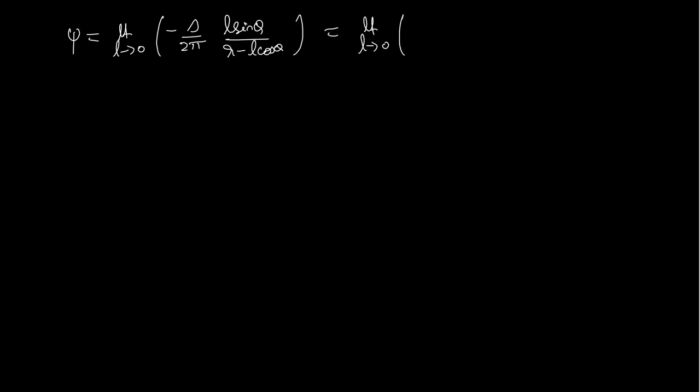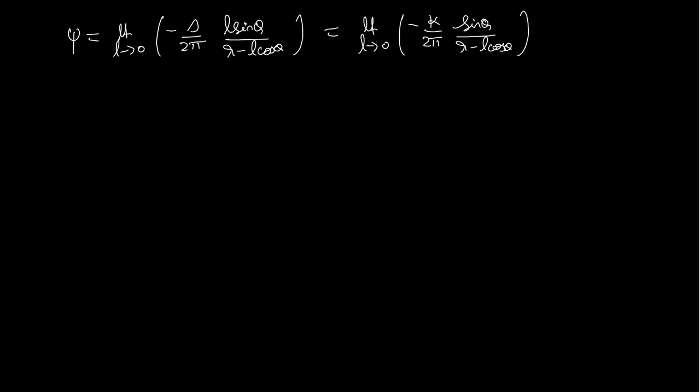I have my psi to be limit L tends to 0 of minus lambda by 2 pi times L sin theta by R minus L cos theta, and I have my kappa to be lambda times L, so I can write this as limit L tends to 0 of minus kappa by 2 pi times sin theta by R minus L cos theta.